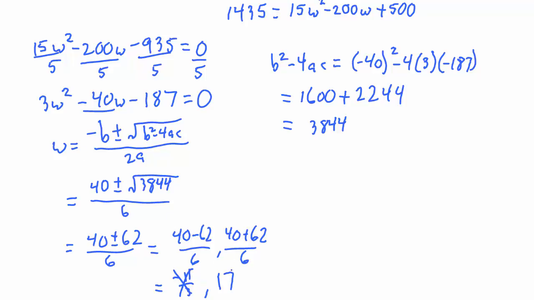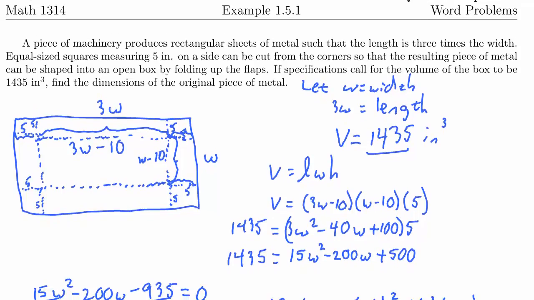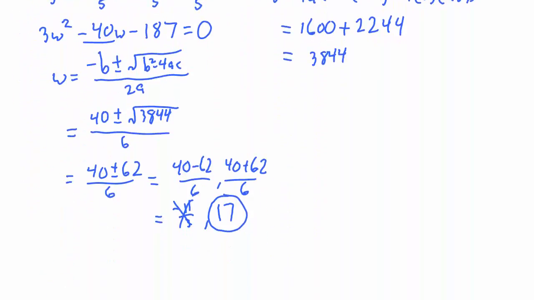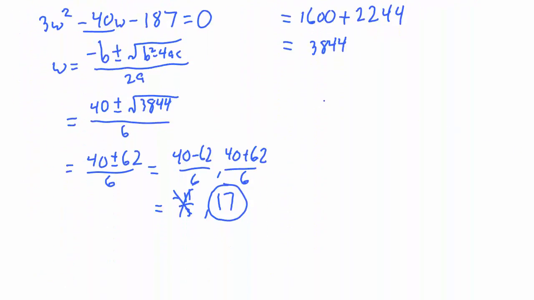Now, I know that W is 17. So because W is 17, go back to the beginning, we said the length is 3 times the width. So that's 3 times 17, and 3 times 17 is 51. So, because we have 17 and 51, that means that the dimensions are 17 inches by 51 inches. However, don't just leave it like this.